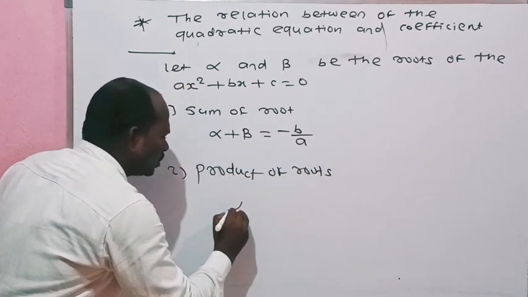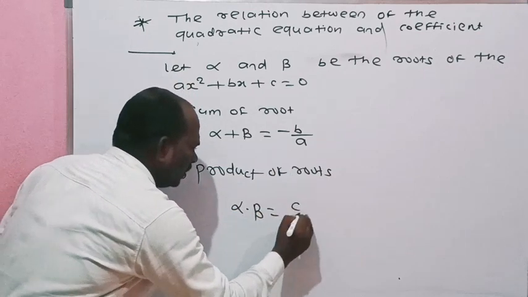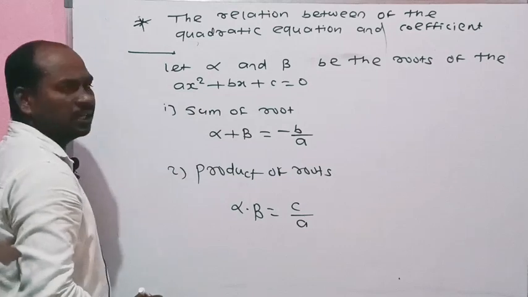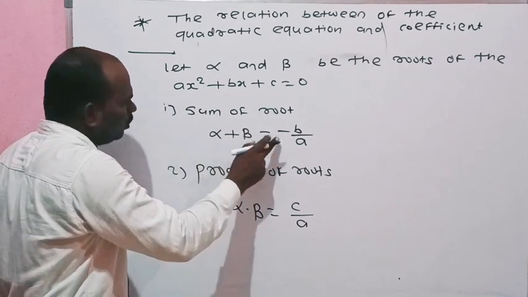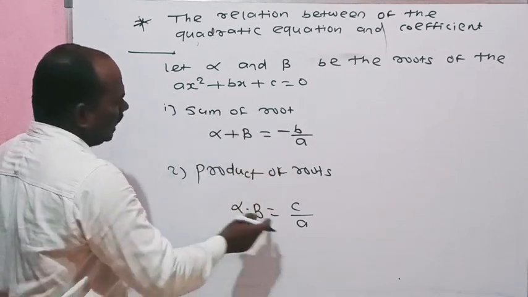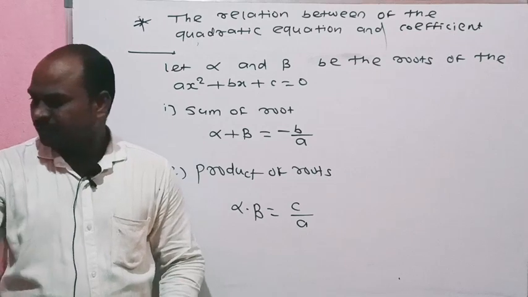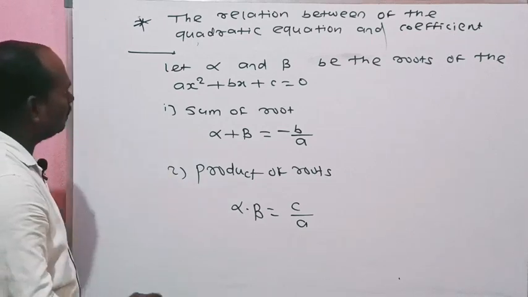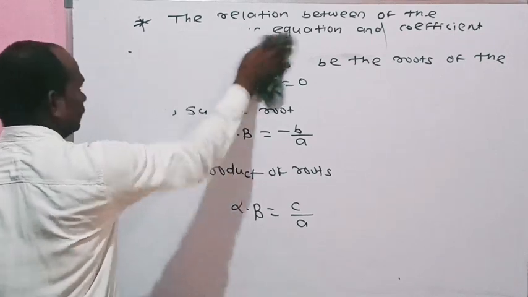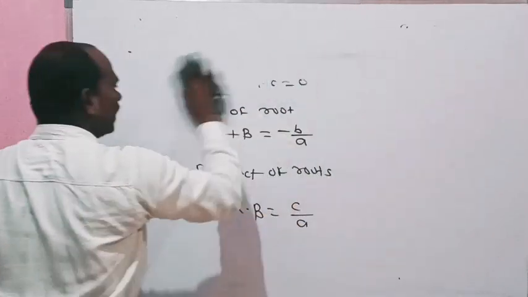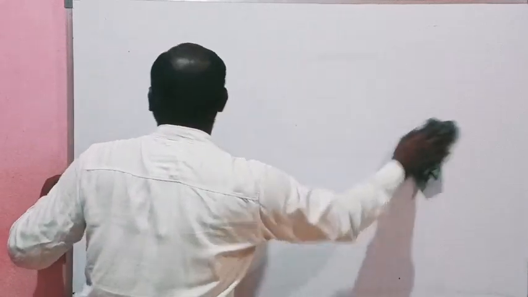The product of roots, that is alpha dot beta, equal to c by a. Now this is the value of the sum of roots, minus b by a, and the product of roots, c by a. Then we can solve some examples.